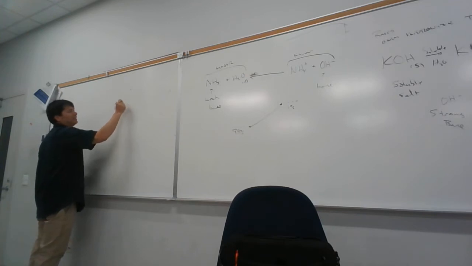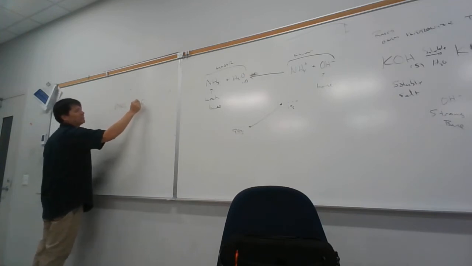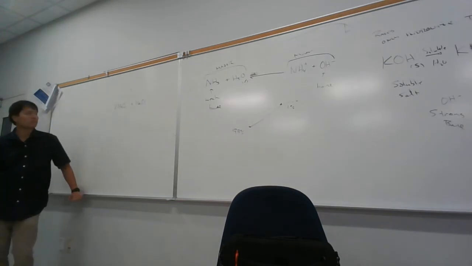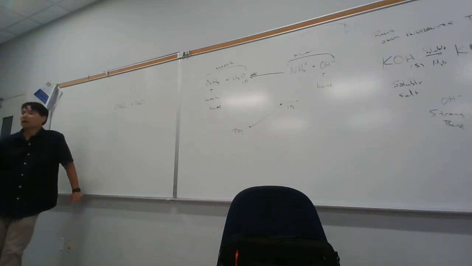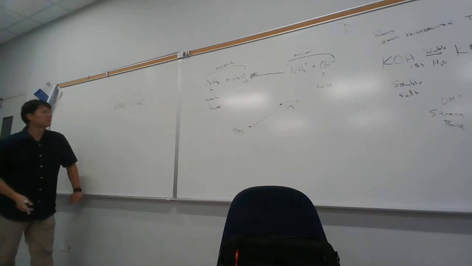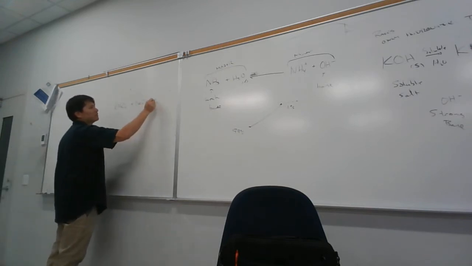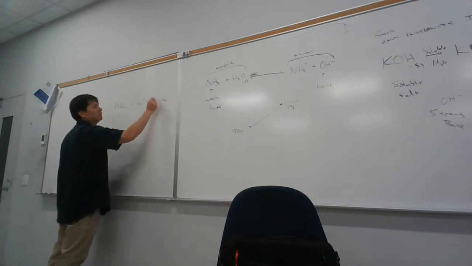Potassium permanganate plus sodium chloride, what do you think it produces? Sodium permanganate and potassium chloride? Yeah, but there's no driving force here. So you might say there's no reaction.